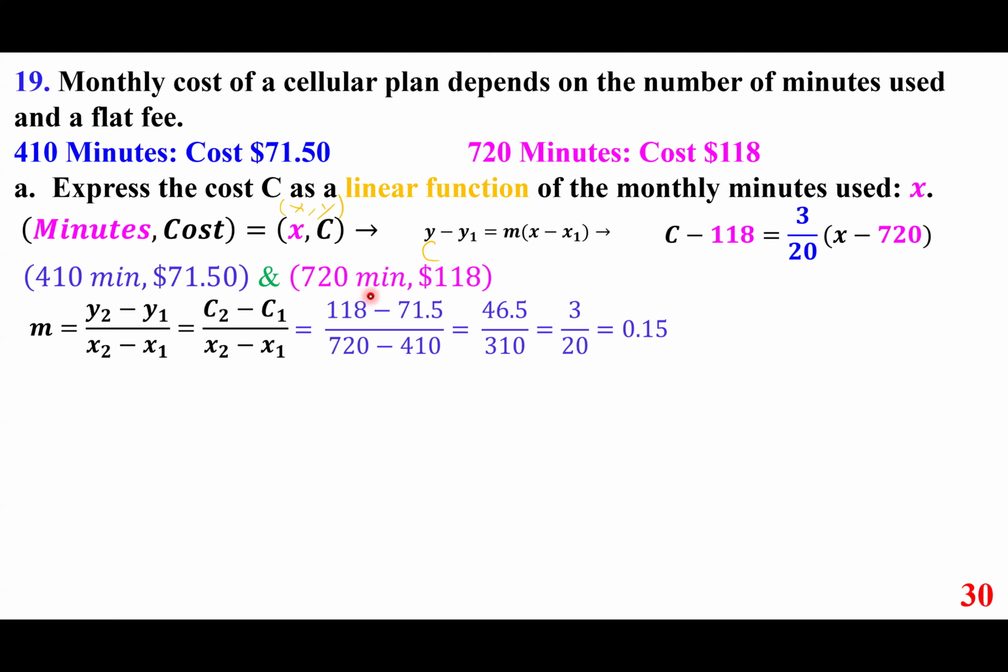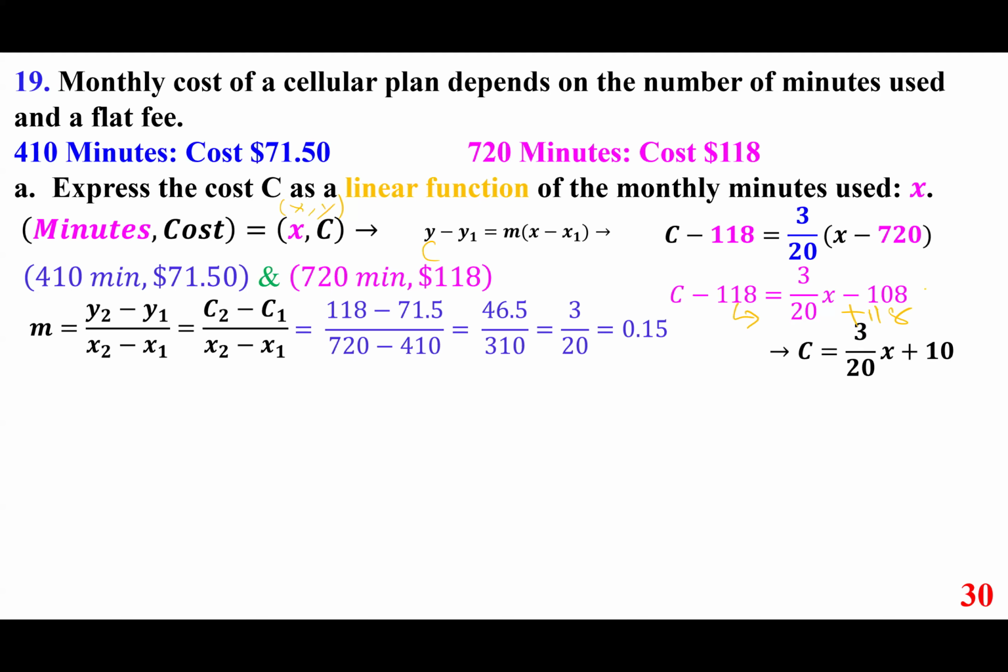By the way, when you're done, I highly recommend you check it with this pair to make sure you haven't made a mistake. So 3 over 20 times x, and 720 divided by 20 times 3 is minus 108 because it has a negative sign. And we are going to move this, make it positive on the right side.